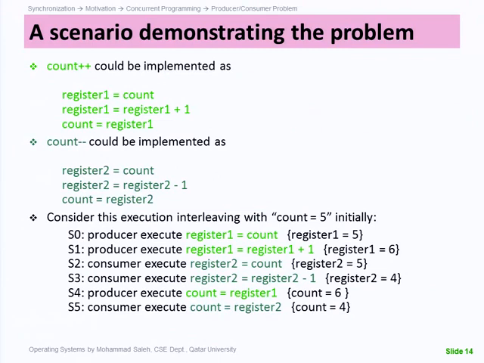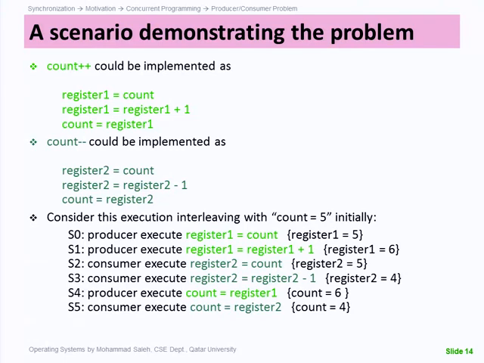Having count plus plus executing these instructions, moving a value of count to a register, and then incrementing the register by 1, and then storing back the value of the register in count. This is a generic way of incrementing count by adding 1. And the decrement is done similarly.